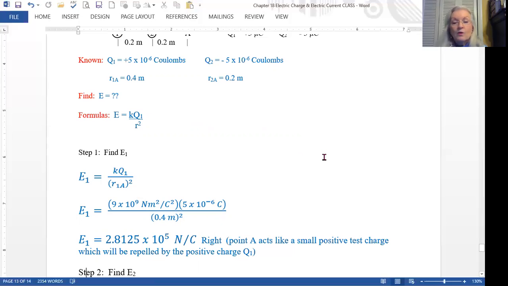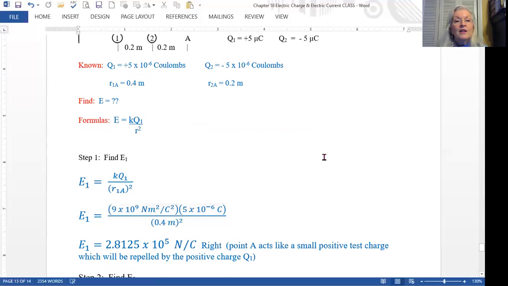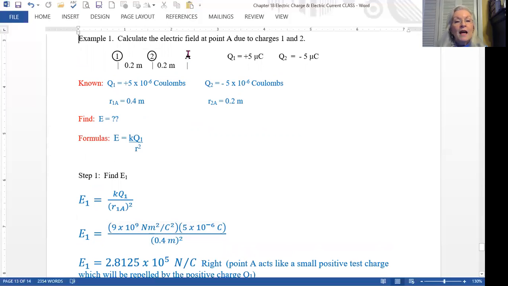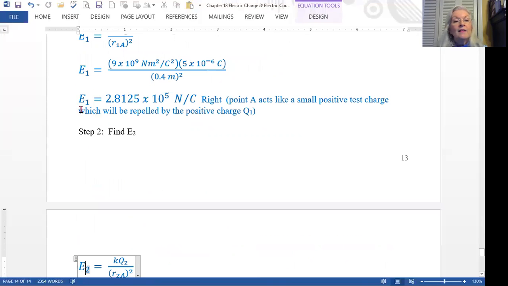Because you'll remember if you look back in the picture, even though none of the distances were given as 0.4 meters, if we're measuring from A and we're looking at charge 1, it's 0.2 plus 0.2 to give us 0.4. So that's where our denominator comes from. So 0.4 meters squared, when you do the math, the answer is 2.8125 times 10 to the 5th newtons per coulomb.